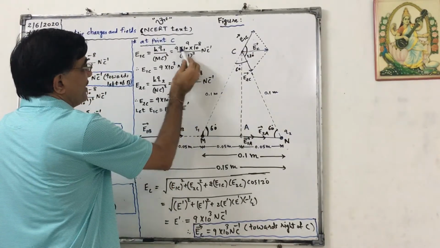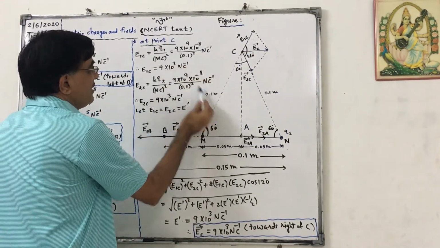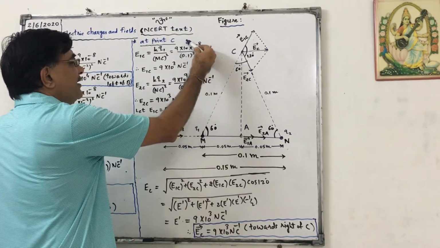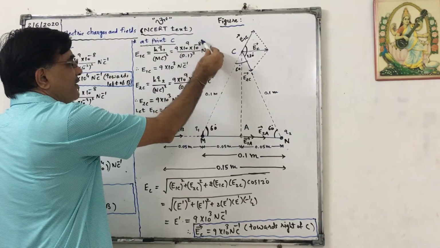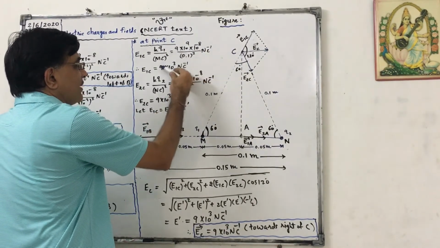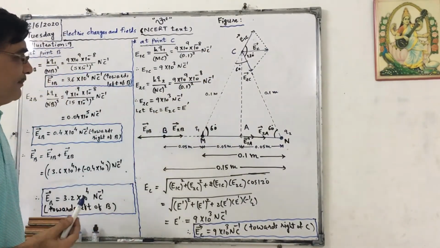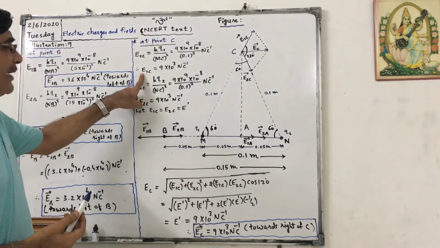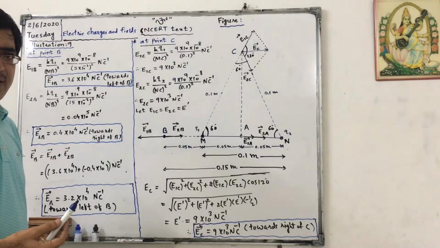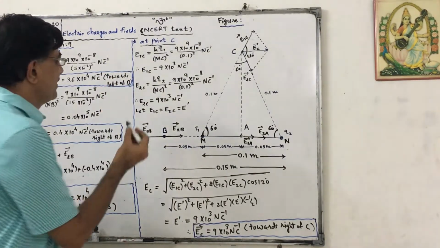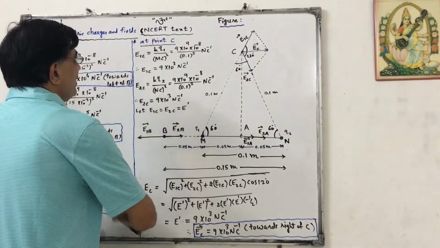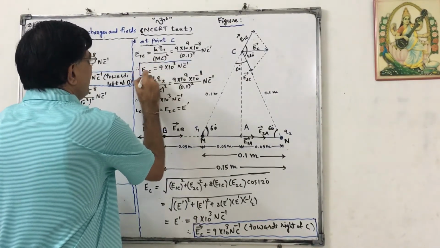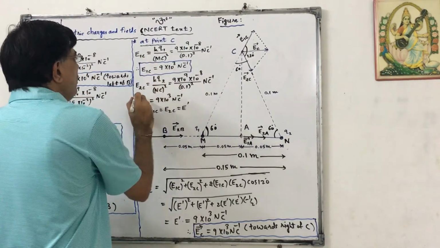K is 9 into 10 raised to 9, Q1 is 10 raised to minus 8, MC is 0.1 whole square. So this is actually 10 raised to minus 2, it will be added here. So 9 plus 2, that is 10 raised to 11, minus 8, that will be 10 raised to 3. So 9 into 10 raised to 3 Newton per Coulomb. Here we will have to make the vector sum at the end, so keep it as it is. This is the magnitude of E1C, that is 9 into 10 raised to 3 Newton per Coulomb.